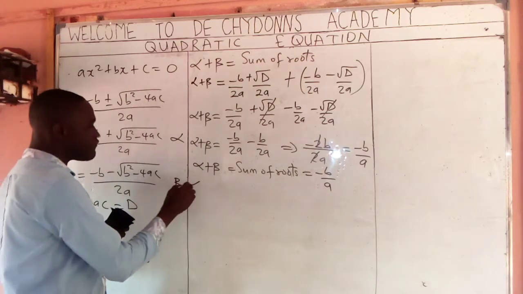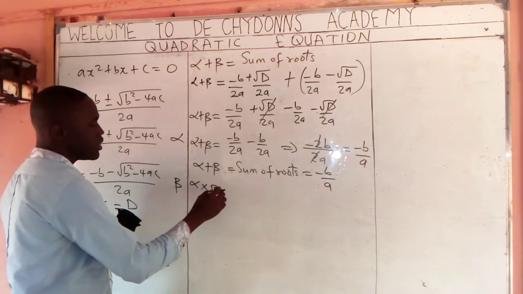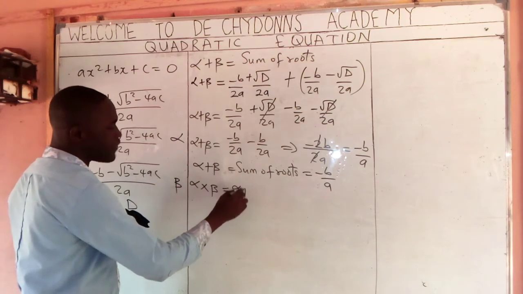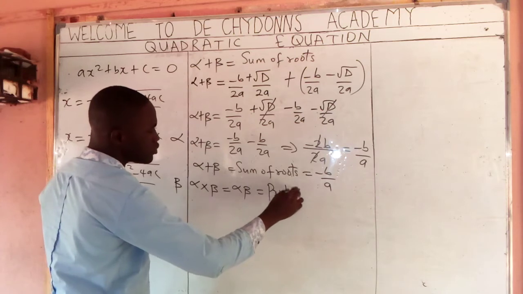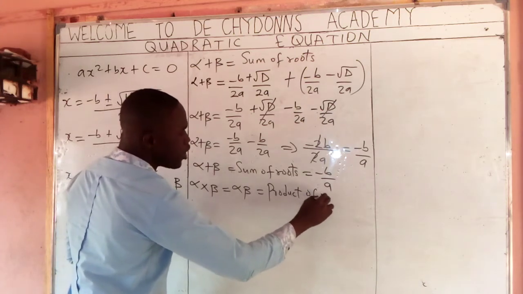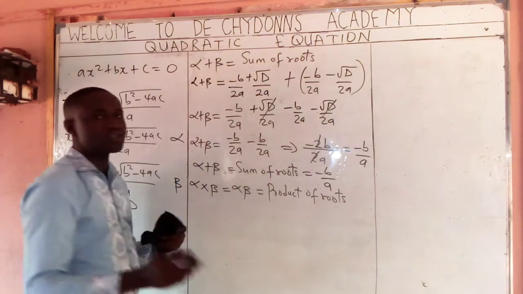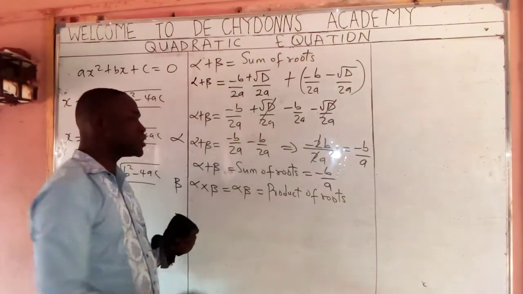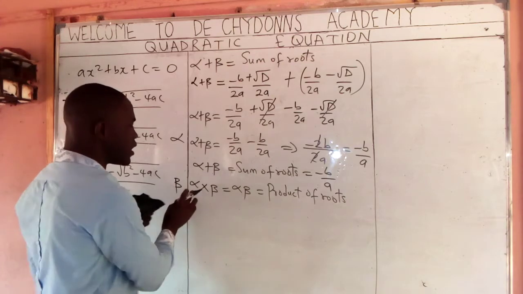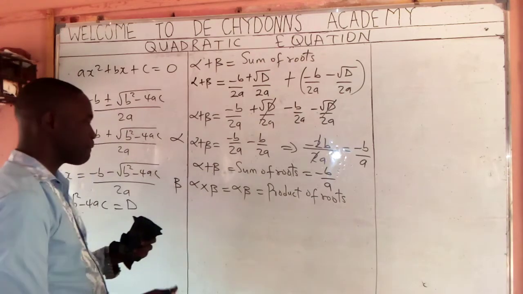Then we go to alpha times beta. Alpha times beta will give you alpha beta, and will give you the product of roots. Remember that product simply means the result after multiplication. So the answer you get after multiplication is the product. That is why you say this times this.